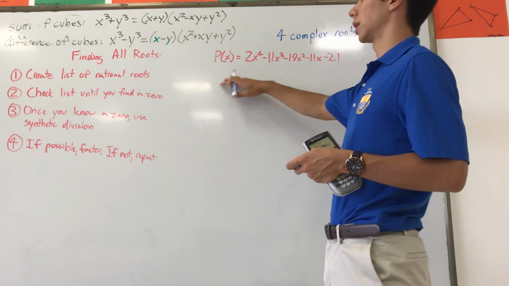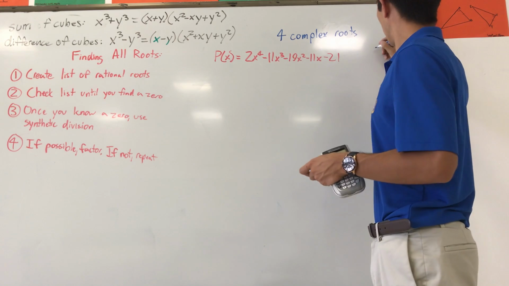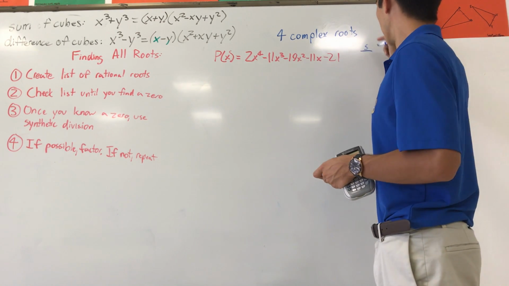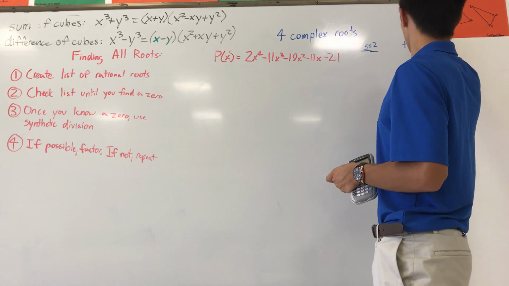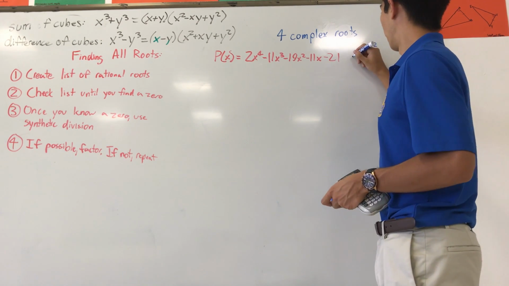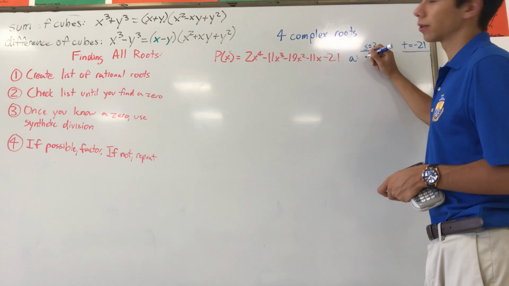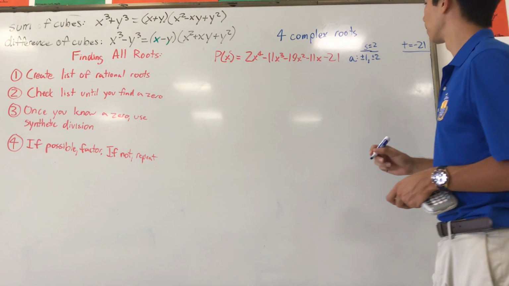So we need to start off by creating a list of rational roots. And we do that by using the rational roots theorem. So my s in this case is 2. S equals 2. T equals negative 21. So if I do that, my integer factors of 2 are going to be plus minus 1, plus minus 2.